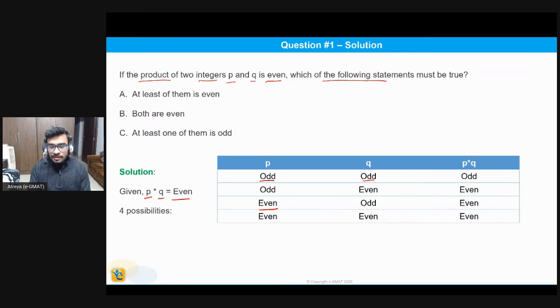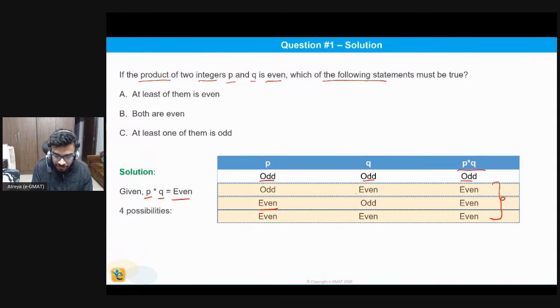And in accordance to that, we have calculated the product of p and q, where we see that for some cases it's odd, for some cases it's even. Now, with that, let's move ahead with the solution for this question. In this question, we can see that in all the three cases where the product is even, at least one of the values of P or Q is even, right?